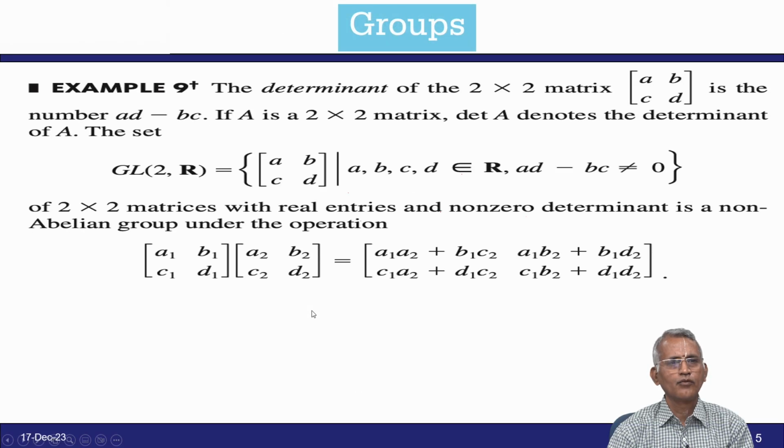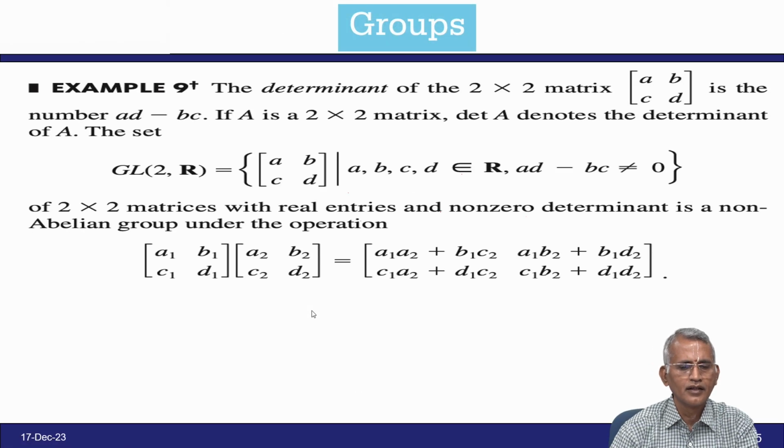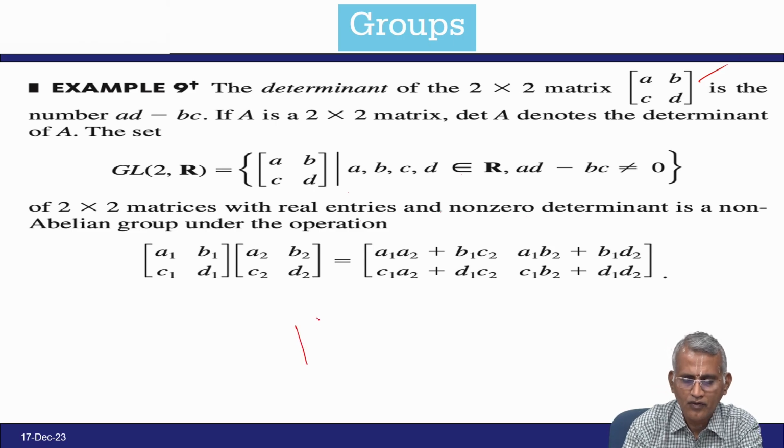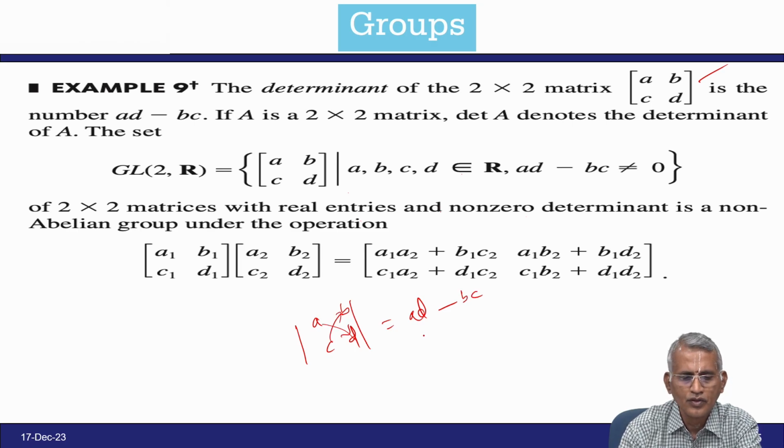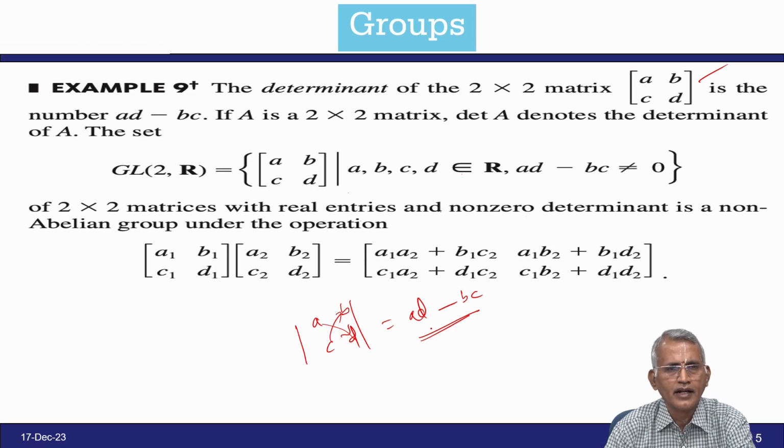Now, one more example: the determinant of a 2 cross 2 matrix is a number. For the matrix A, B, C, D, you cross multiply AD, and cross multiply BC. So, this is called the determinant of a 2 cross 2 matrix.